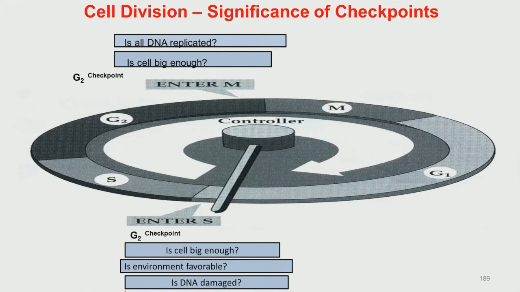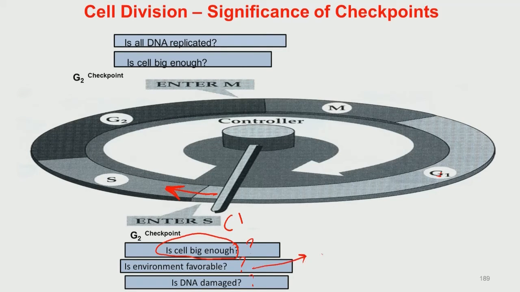So what are the different checkpoints and what is the role of these different checkpoints? At checkpoint number 1, that is C1, a cell wants to enter from G1 phase to S phase. As it tries to enter, certain questions need to be answered by the cell: is the cell big enough, is the environment favorable, is the DNA damaged? What it means is whether protein synthesis has taken place while the cell is staying in the G1 phase.